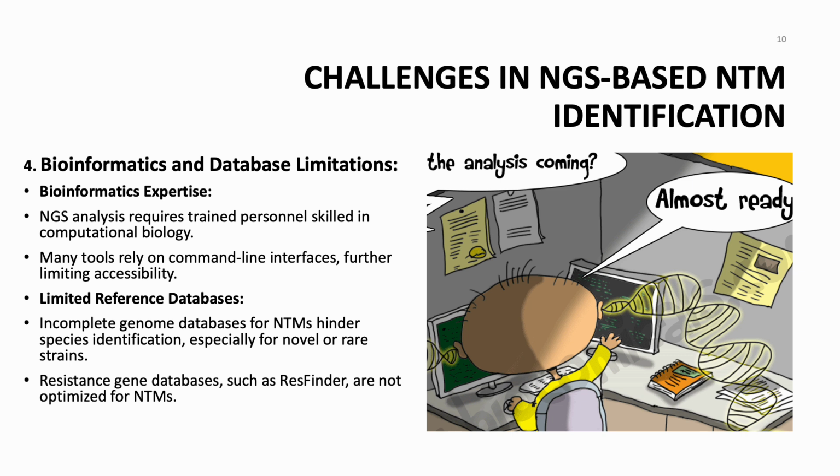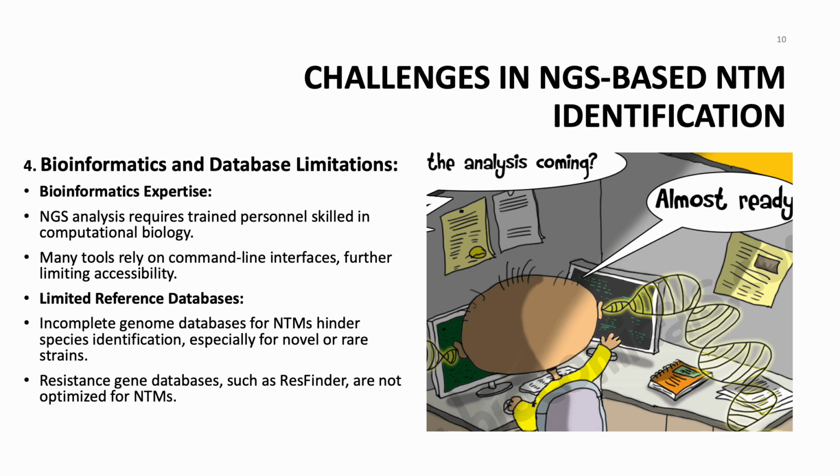The other challenges are bioinformatics and database limitations. Regarding bioinformatics expertise, NGS analysis requires trained personnel skilled in computational biology. Many tools rely on a command line interface, further limiting accessibility. Moreover, there are limited reference databases.